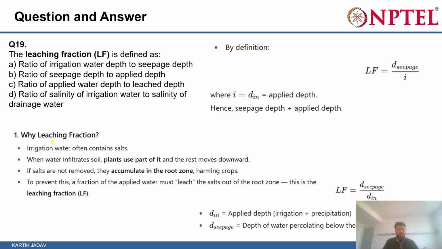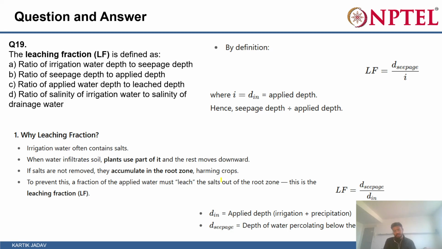Next question, the leaching fraction is defined as... So the leaching fraction, we know that irrigation water often contains salts, and when water infiltrates the soil, the plant uses a part of it and the rest moves down. If salts are not removed, they accumulate over time in the root zone, ultimately harming the crops by affecting the soil structure.